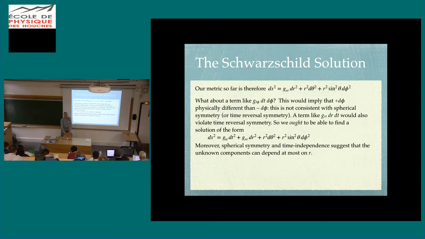And most of the work is done now, because you've made an educated guess about what the solution would be based on the physical situation. We've only got 2 unknown parameters to solve for, and they just depend on one coordinate.